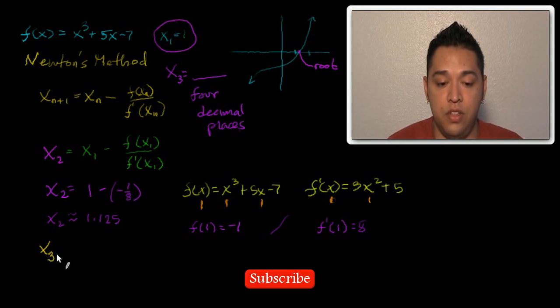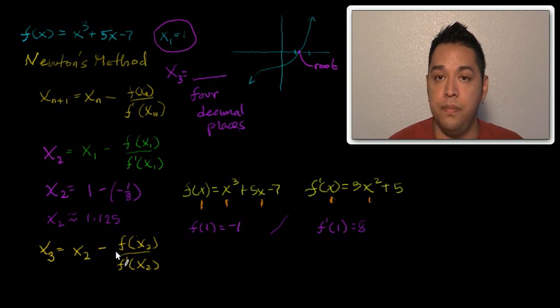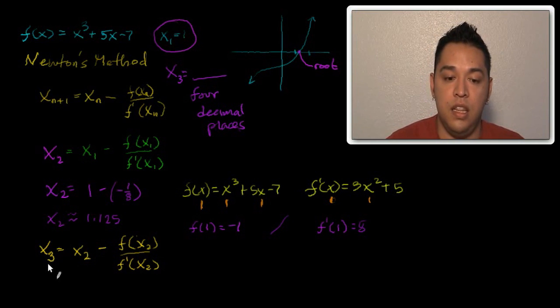So I'll have x sub 3 equal to x sub 2 minus f of x sub 2 divided by f prime of x sub 2. It's essentially this, except these subscripts got 1 bigger. And that's why they write it like that, because this equation is going to be repeated like this.